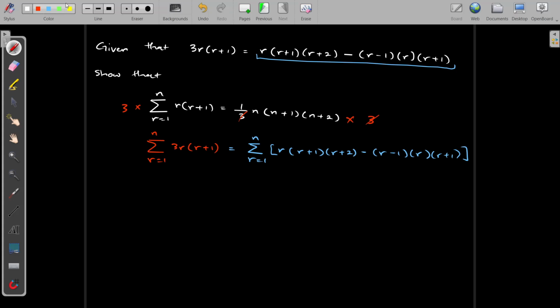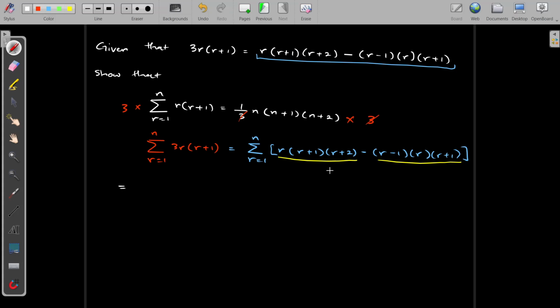and both of these are separated by a minus sign, so that's a good way to know that we can use that to test by expanding or substituting values to see if anything cancels.